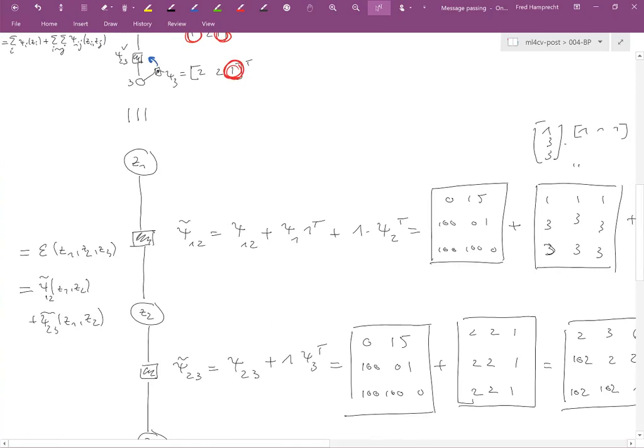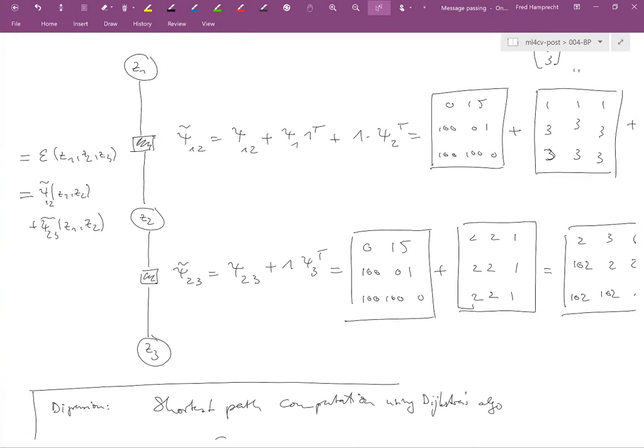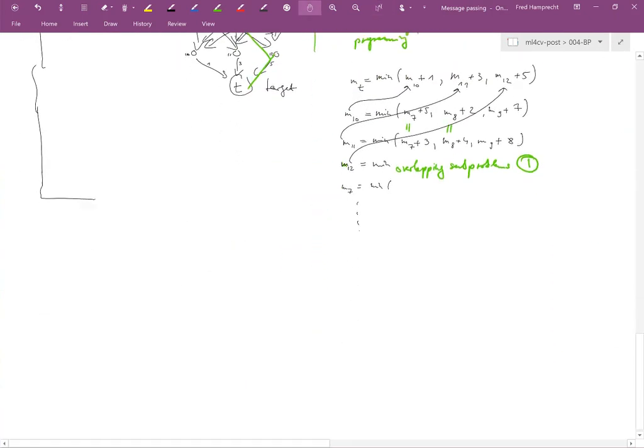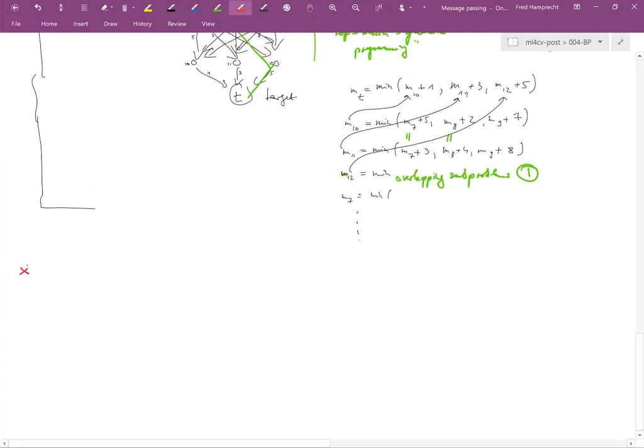Okay, then now this was all by means of example. Now I want to say this a bit more abstractly. What have we been doing effectively?